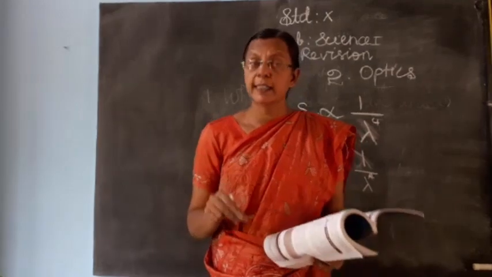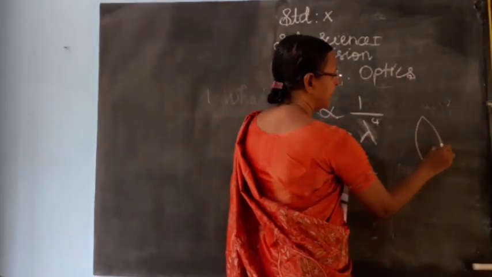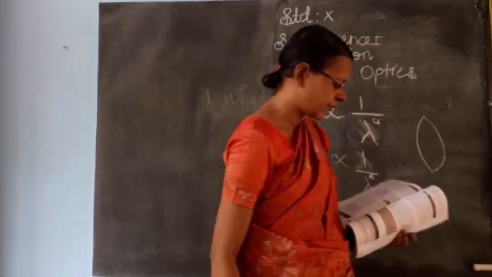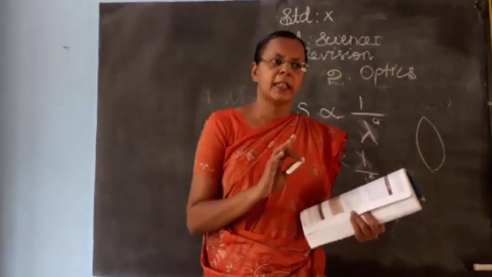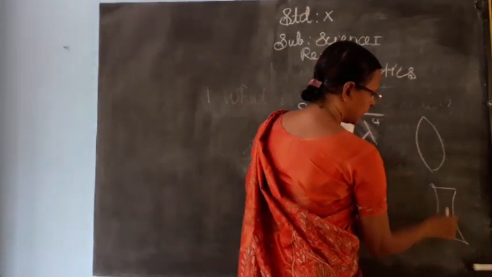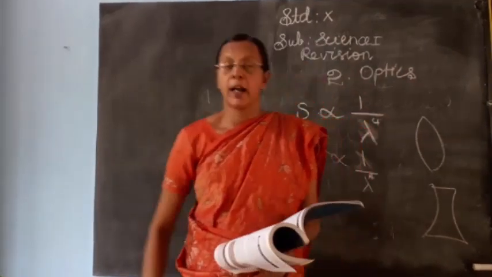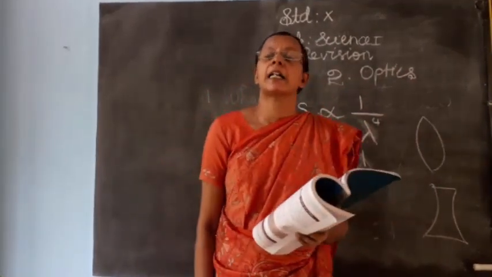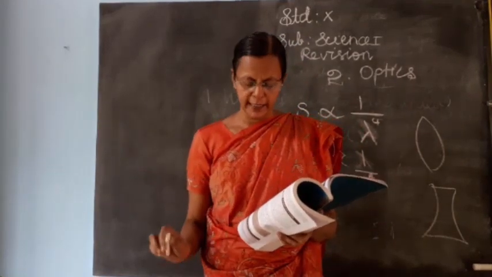The convex lens is thicker in the middle and thinner at the edges, while the concave lens is thinner in the middle and thicker at the edges. Second point, convex lens is a converging lens, concave lens is a diverging lens.